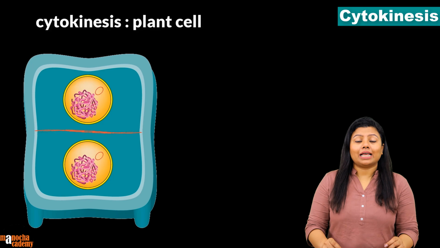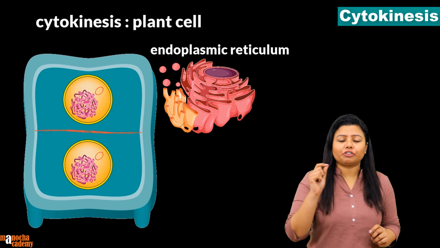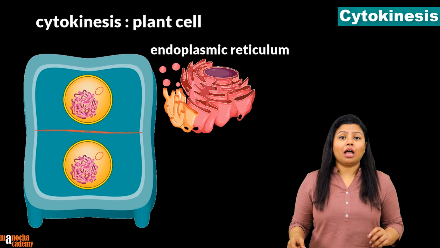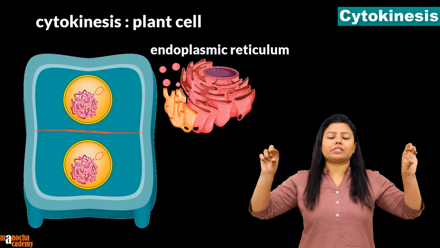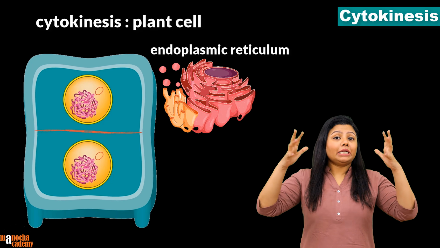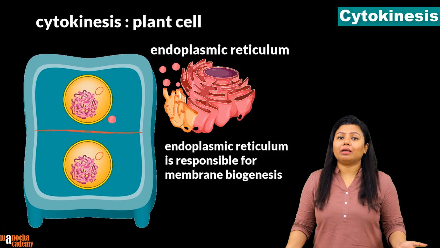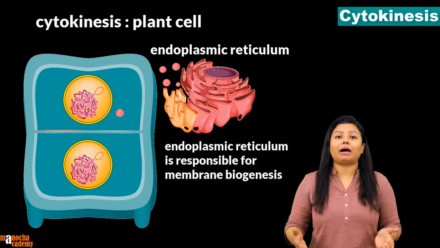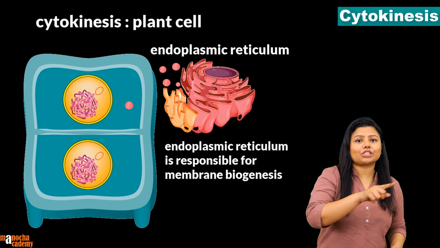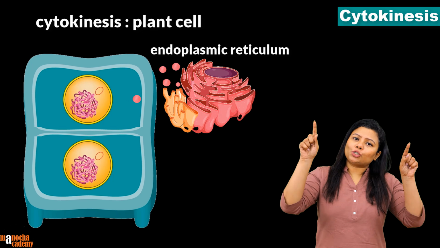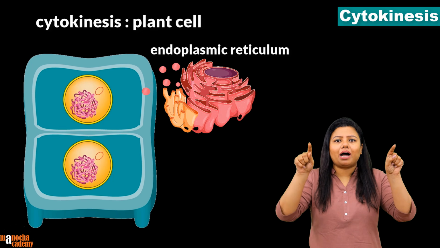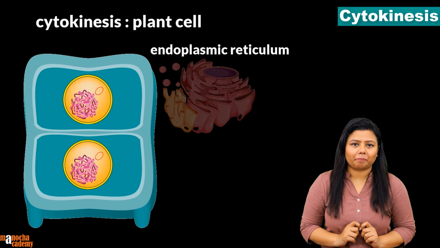So here, the endoplasmic reticulum, which forms proteins and lipid, after the formation of the cell wall, comes and deposits the protein lipid, and you know that endoplasmic reticulum is responsible for membrane biogenesis, that is synthesis of biological membranes. So it synthesizes that part of the cell membrane that is missing.